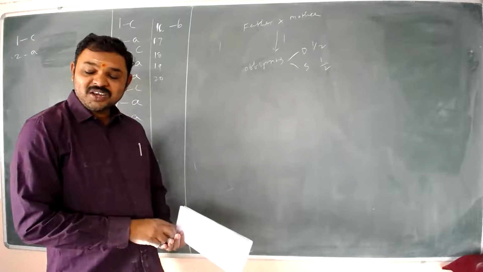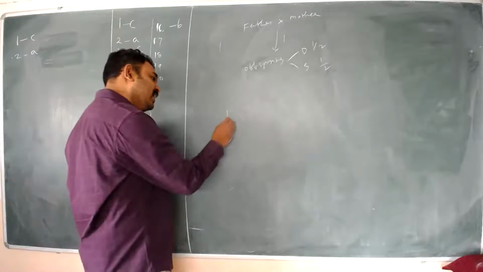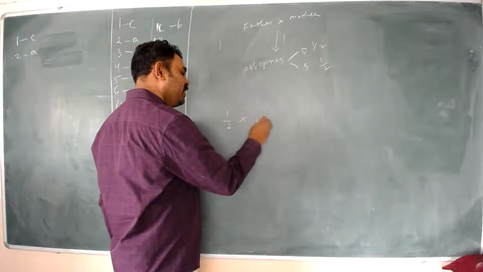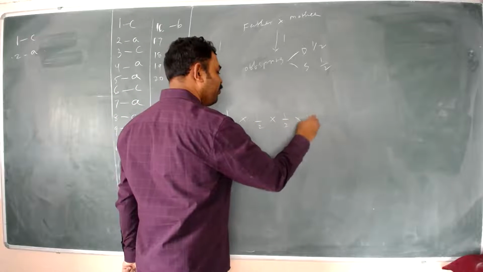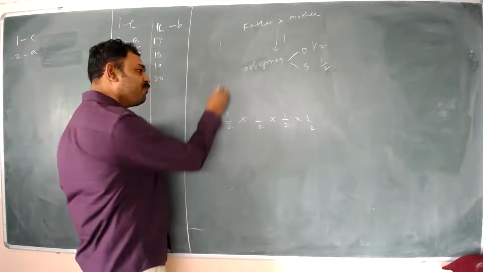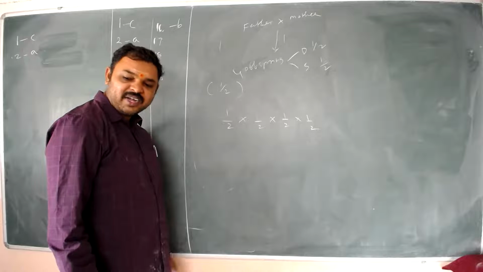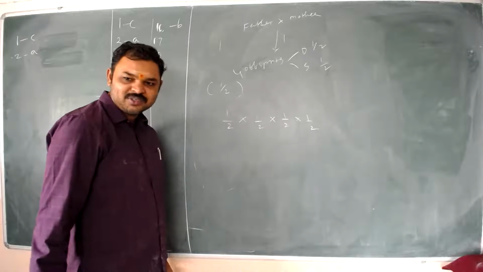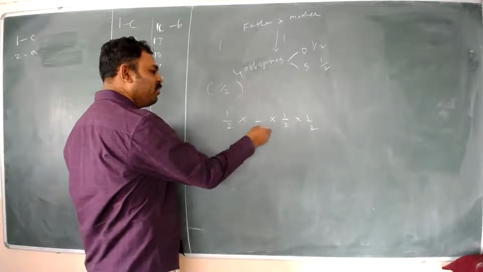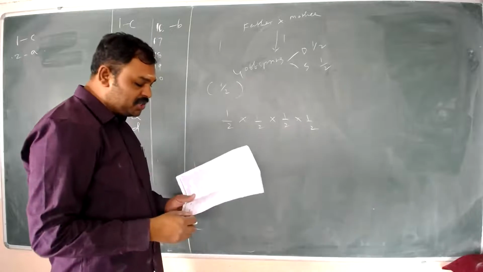Up to 4 generations, first time 1 by 2, second 1 by 2, third 1 by 2, fourth 1 by 2. So 4 sons means 1 by 2 four times; 10 times means 1 by 2 ten times. So what is the probability? 1 by 2 into 1 by 2 into 1 by 2. What is the question here?